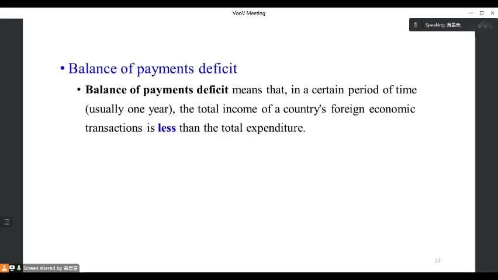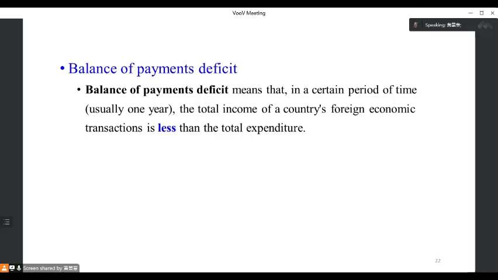In another word, we can say the deficit of balance of payments is one country's foreign economic income is less than total expenditure in foreign currency.